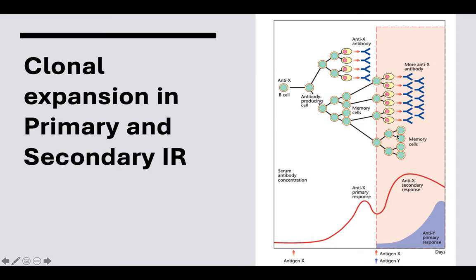But this time, these succeeding memory cells will have higher affinity and higher specificity against antigen X, the sensitizing antigen. So more antibodies will be produced, and we expect that these antibodies can easily clear the invading antigen.